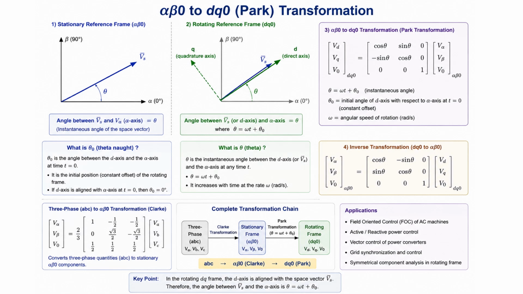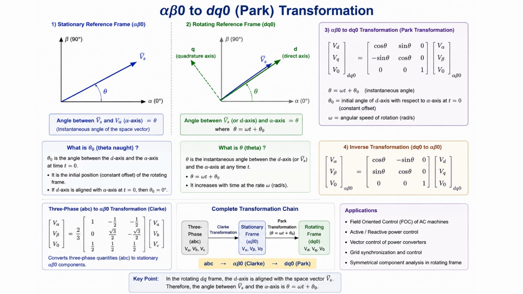Here we have a rotating frame of reference, that is D and Q, which are mutually perpendicular to each other like alpha beta, but alpha beta will not rotate, whereas the DQ will rotate at some angular speed. And if you consider here, it is rotating at theta.